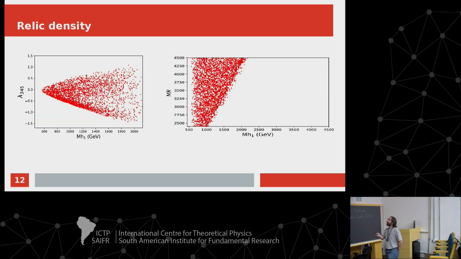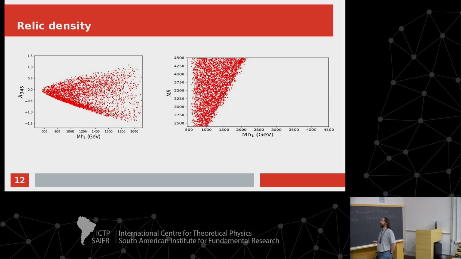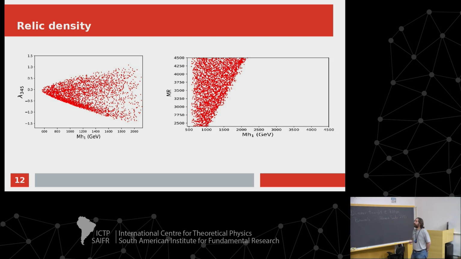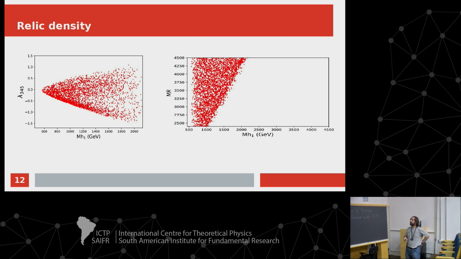This is the parameter space after considering all the experimental constraints and imposing that we have to saturate the relic density. So we can see that only masses of the dark matter below 1/2 of the mass of the resonance survive.